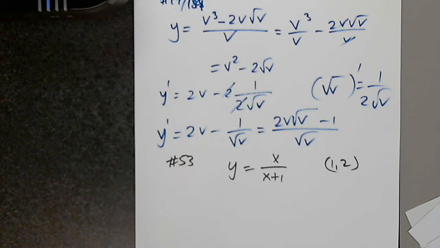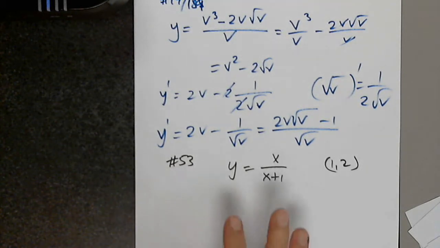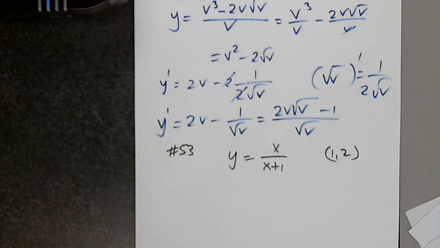What do I have to find first? So this is a graph, this is a curve, and I'm asked to find how many tangent lines to this curve pass through the point 1, 2.